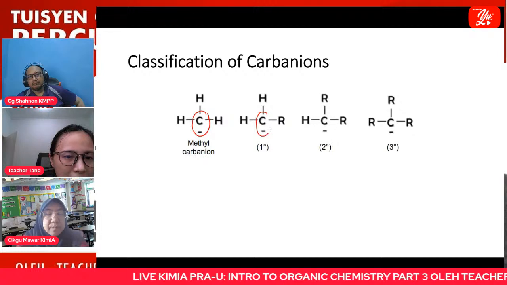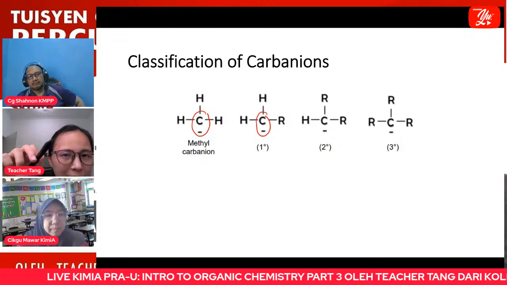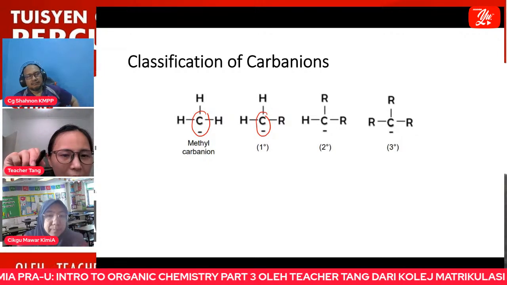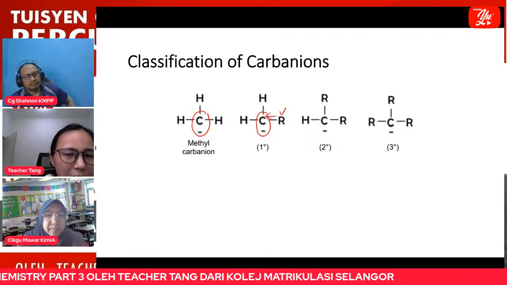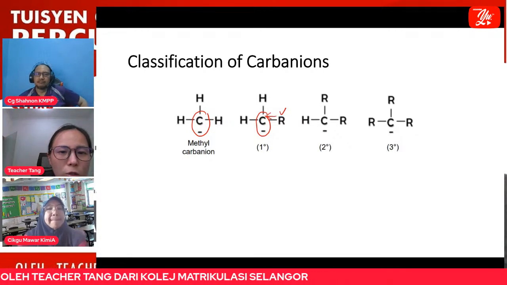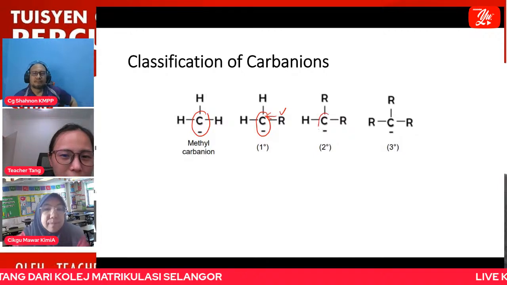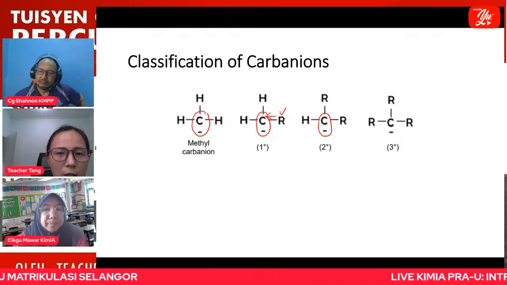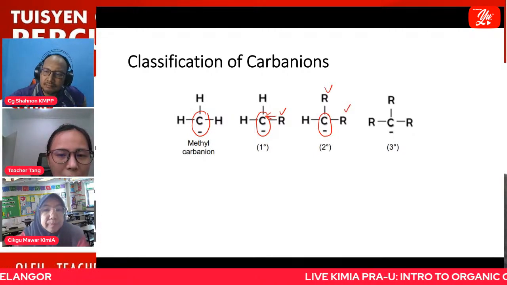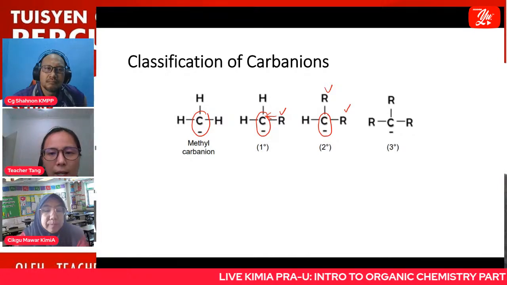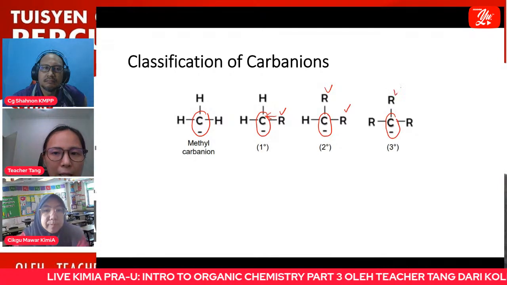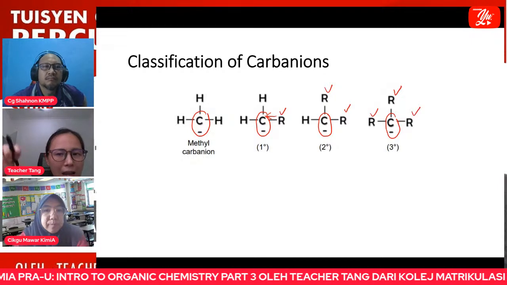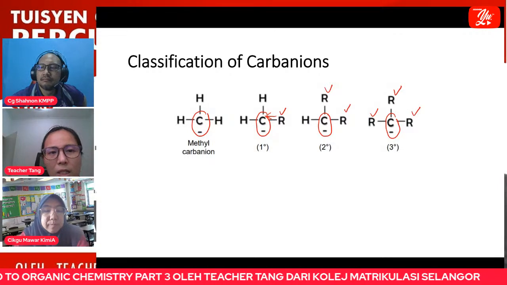For the primary carbanion, there is one alkyl group directly attached to it. For the secondary carbanion, there are two alkyl groups directly attached to the carbon that carries the negative charge. For the tertiary carbanion, there are three alkyl groups directly attached to the carbon that carries the negative charge.